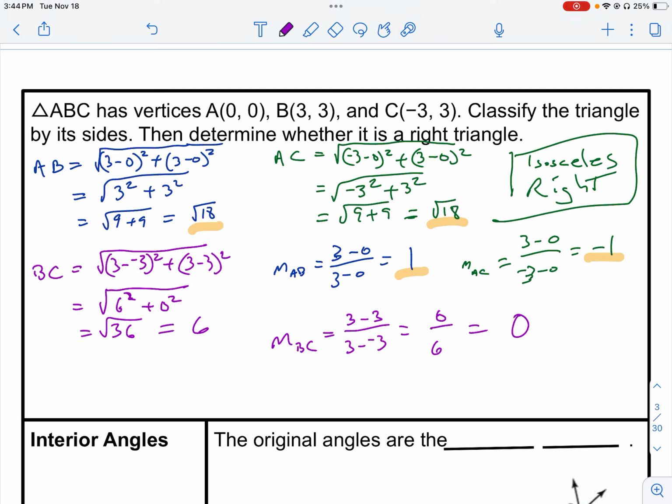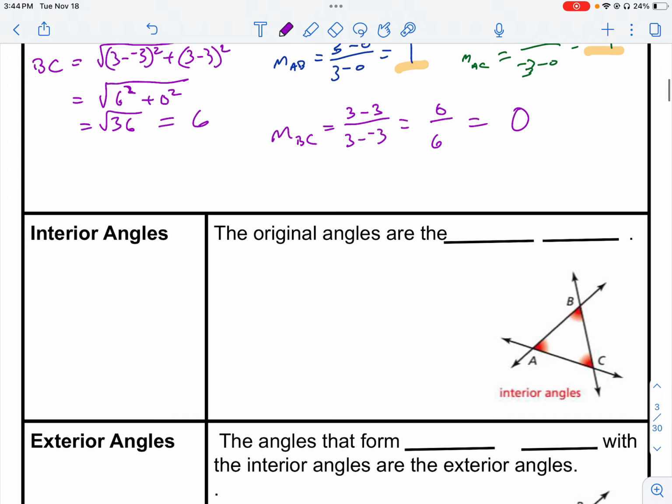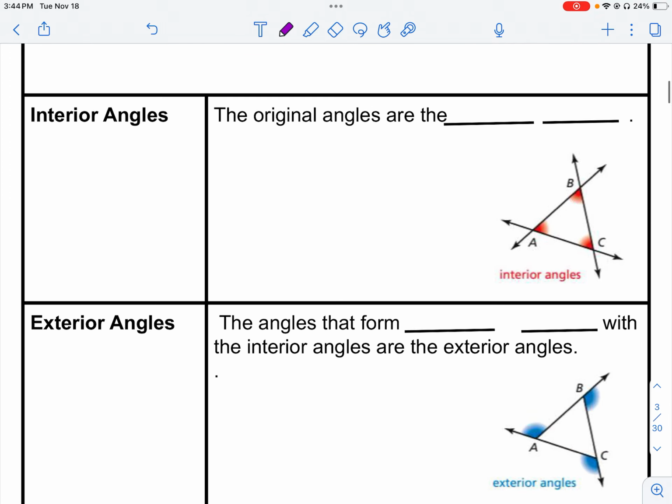So the slope is 0. So we have a horizontal line. Interesting.